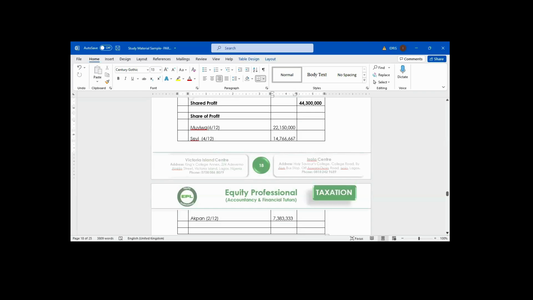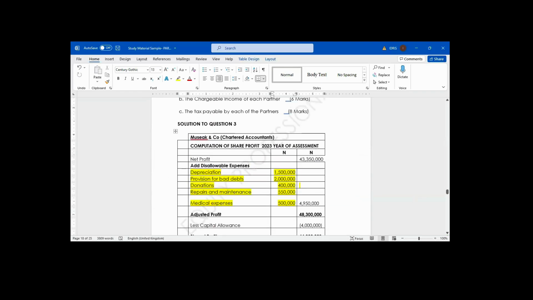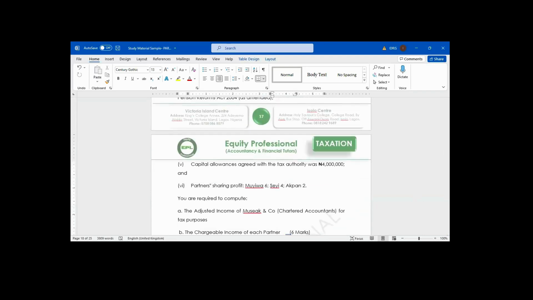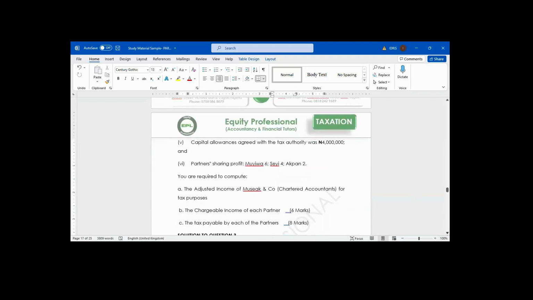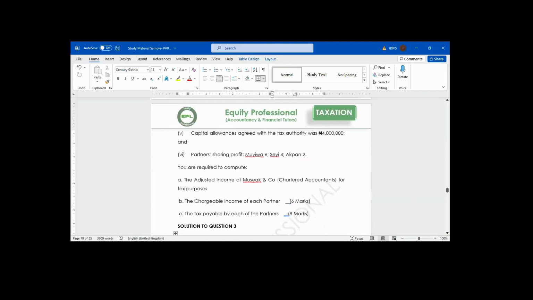Akpan's profit is going to be 7,383,333. So why are we dividing it by 12? The total amount: 6 plus 4 plus 2 is 12.